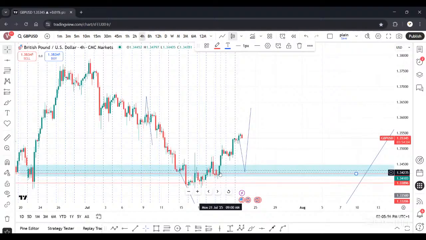There's a fair value gap right here, and there's a left shoulder for a buy on GBP USD on 4-hour time frame. Still long term, but of course, overall, we want to buy GBP USD. And before we buy, we want to see price retrace into our point of interest for a buy.